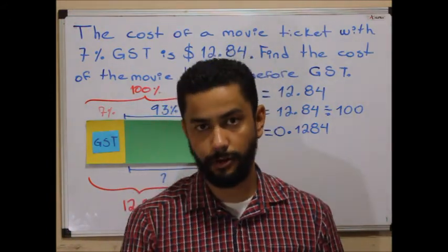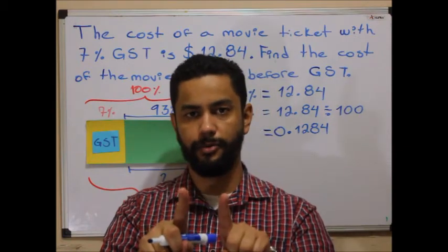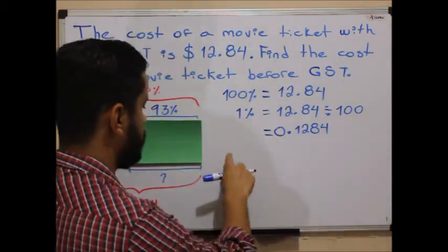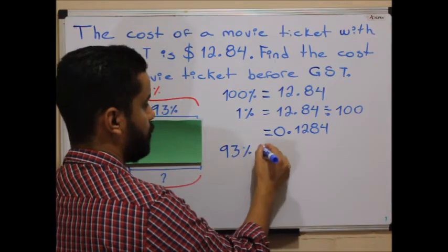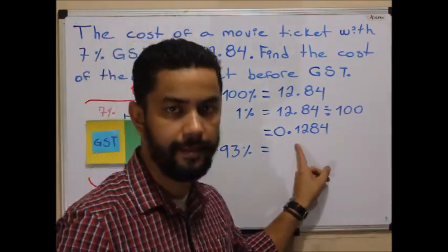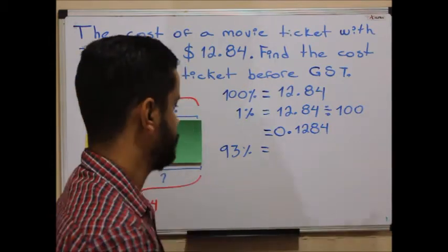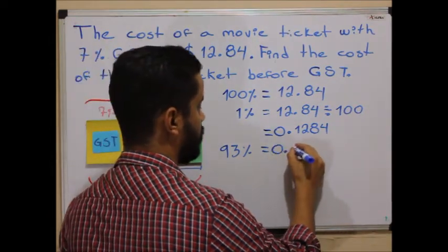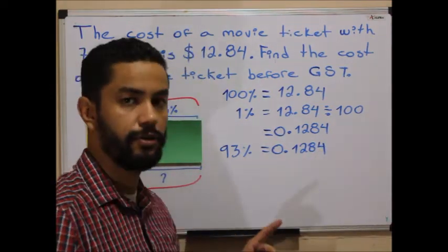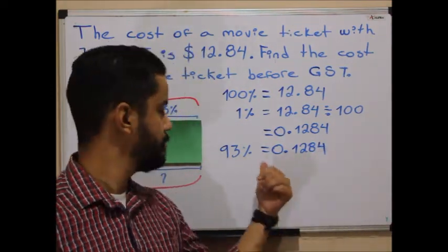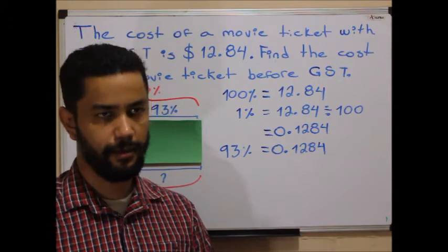So 93% will be equal to the amount that we already found, 0.1284, and we're going to multiply it by 93.